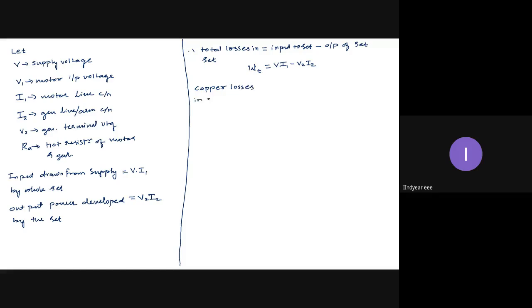Copper losses in the whole set is equal to motor armature copper loss plus motor field copper loss plus generator armature copper loss plus generator field copper loss.